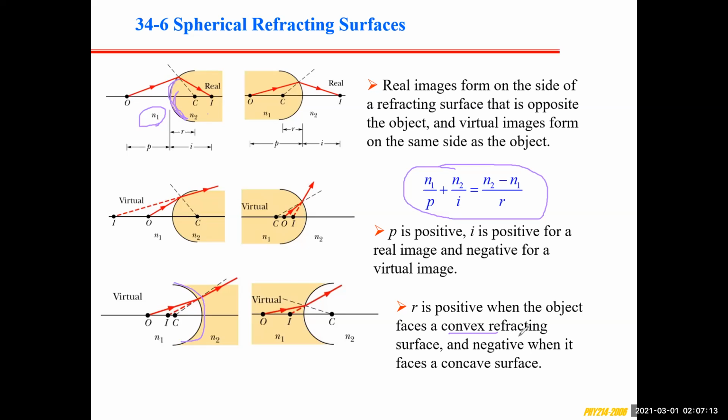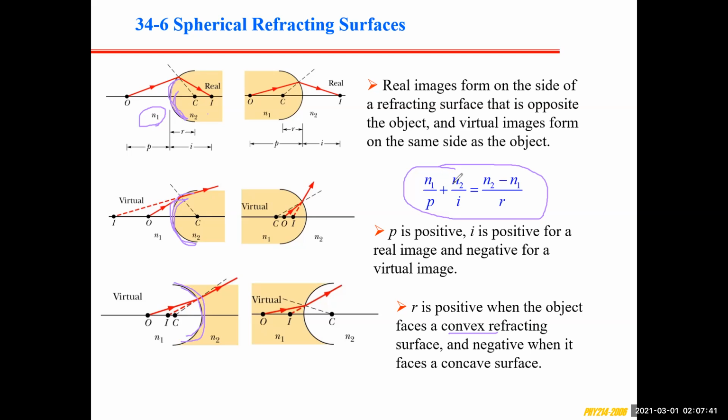This is a little bit different from the mirror, because when you have a concave mirror, your F and R are positive. When you have a convex mirror, your F and R are negative. But when you're dealing with a refracting surface, for convex, R is positive; for concave, it is negative. This is just for your information.